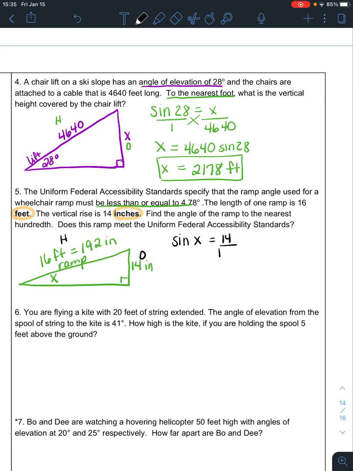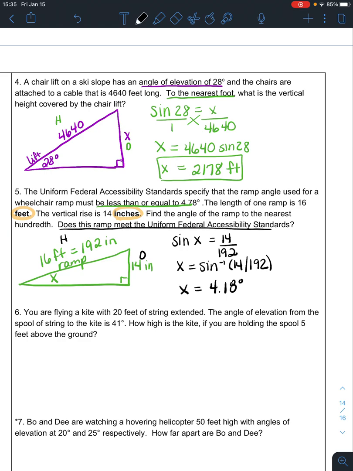So the sine of the angle is equal to 14 over 192. If you take the inverse sine, type in inverse sine of 14 divided by 192, you get that the angle is 4.18. So x is 4.18 degrees.